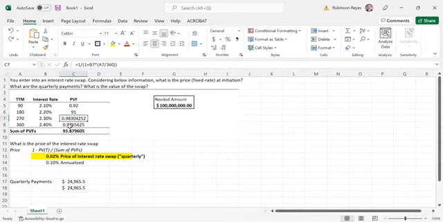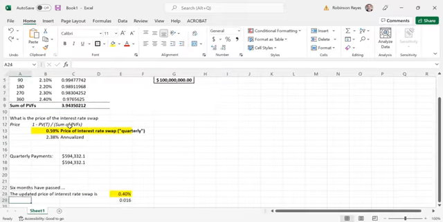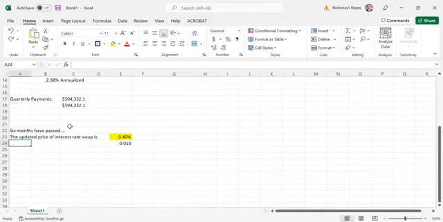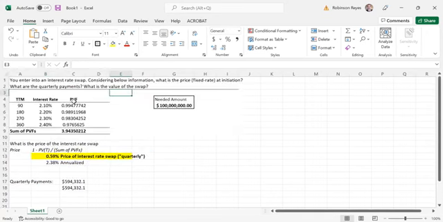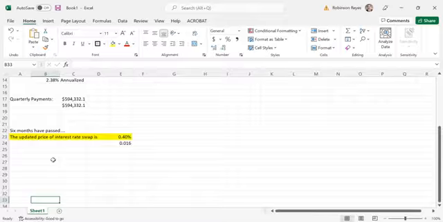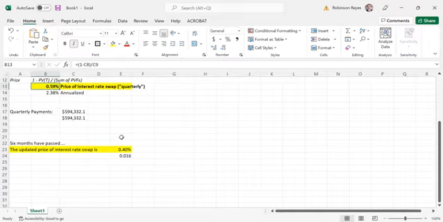And you update these present value factors and you will get an updated price right here. Okay, so this is to make it simpler. Now we are given this price. We used these present value factors, we calculated the updated price of a swap, and now 6 months later, the price of a swap is no longer 0.59, but now it is 0.40.